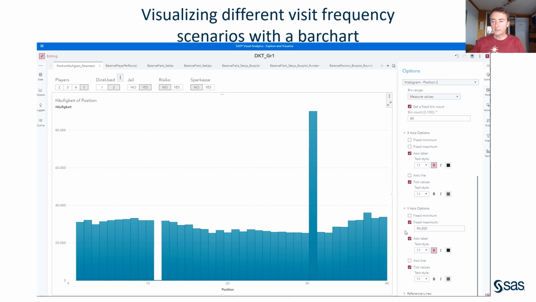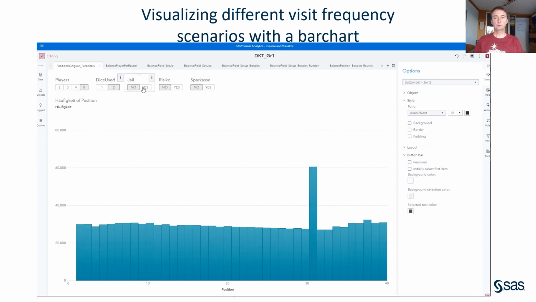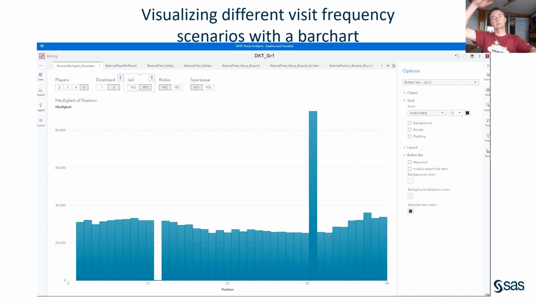What they also did very nicely is that they fixed the y-axis, because if you run scenarios, it's important that not the entire histogram jumps up and down, but you have a fixed axis which allows you to visually compare the outcome of different scenarios.